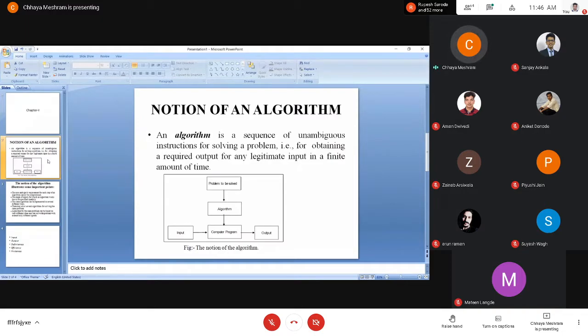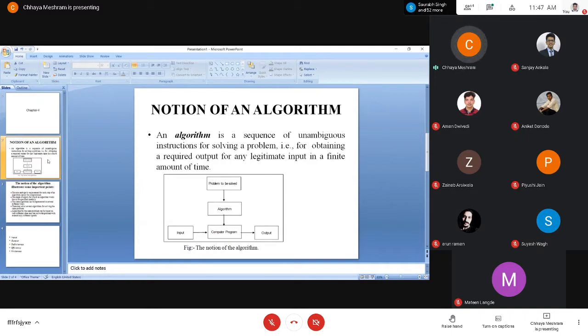For example, take a very simple problem: addition of two numbers. Whenever I get that problem, I see how I can formulate it into a mathematical form.